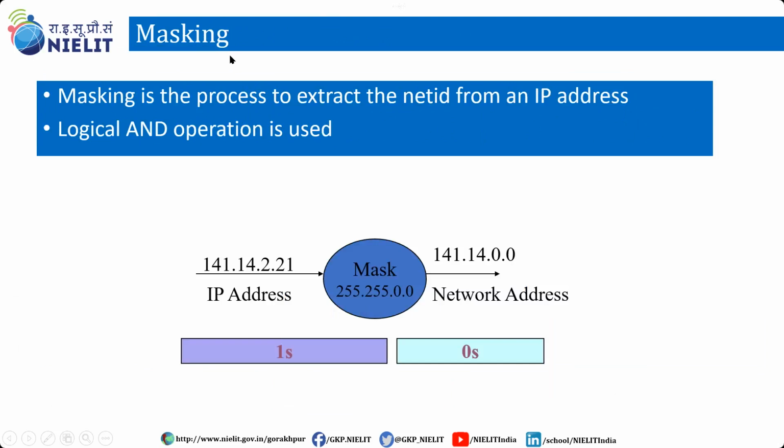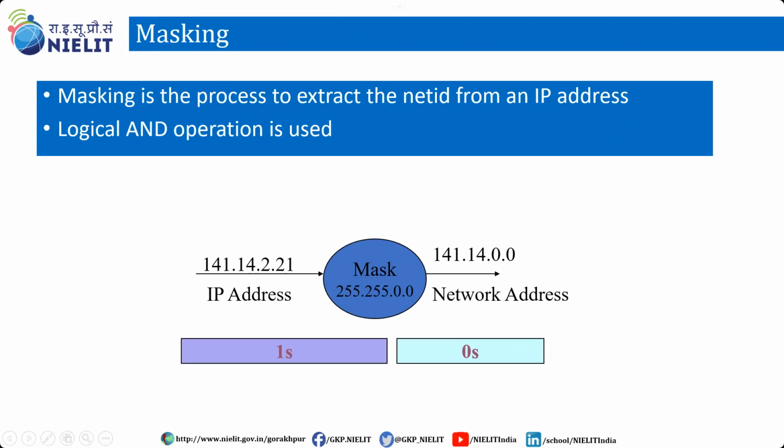तो masking, coming to masking, masking is the operation that is performed between IP address and subnet mask by applying logical AND operation between IP address and subnet mask. So with the help of this masking operation, we can extract network address and host address.